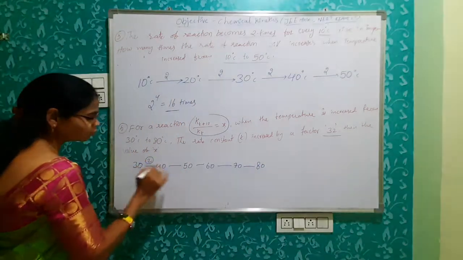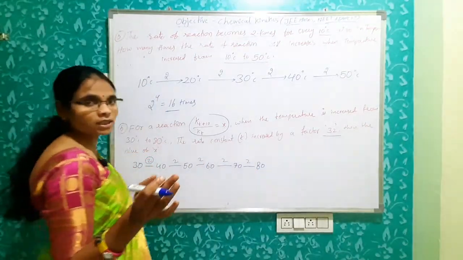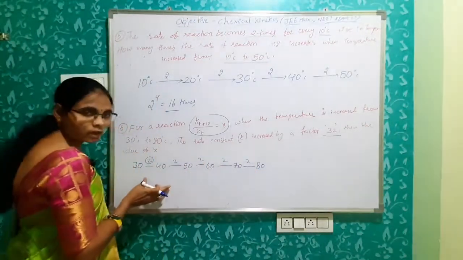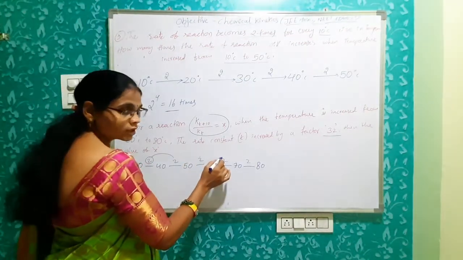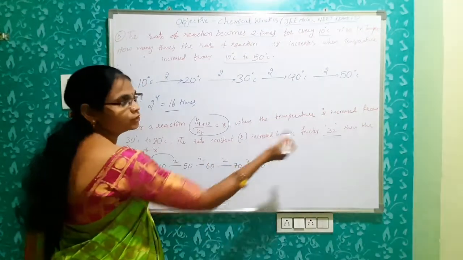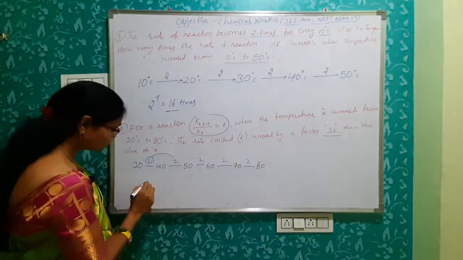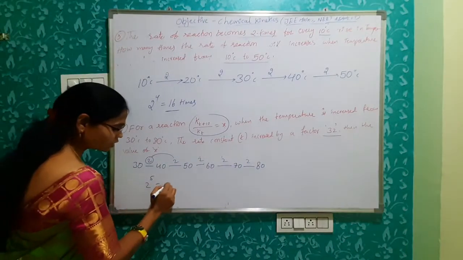Taking 2, for every 10 degrees rise in temperature the reaction rate is doubled. So 2 twos are 4, 4 twos are 8, 8 twos are 16, 16 twos are 32, yes, right. So 1, 2, 3, 4, 5. 2 power 5 is equal to 32 times.